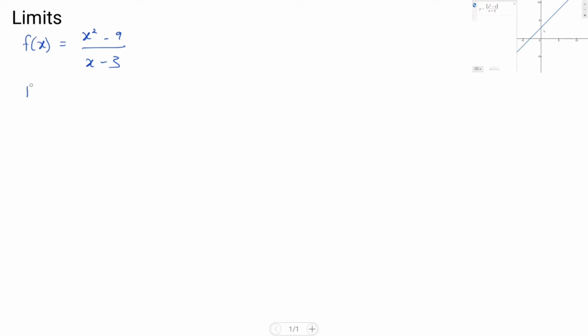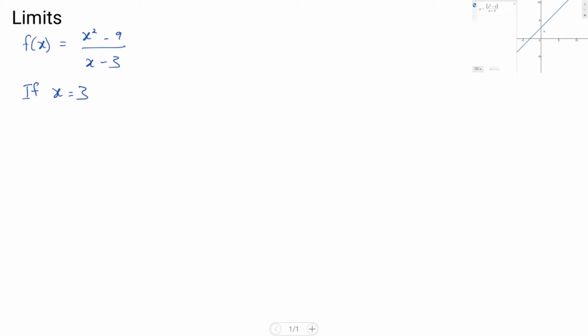If x equals 3, in the top we would have x squared minus 9, so 3 squared minus 9, which gives me 0. And over here we have x minus 3, so 3 minus 3 is also 0. Then we have a fraction of 0 divided by 0, which is something that we obviously cannot have.